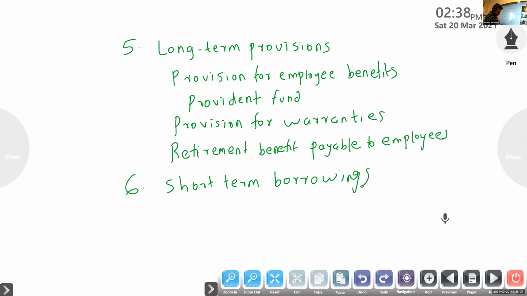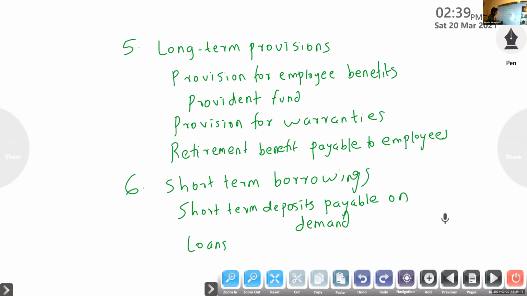Here, short-term deposits payable on demand, and loans repayable on demand.